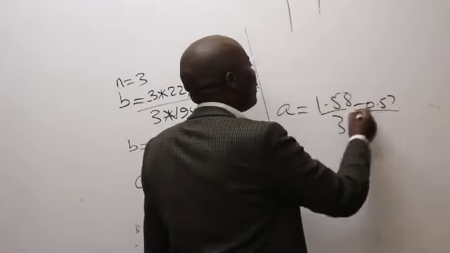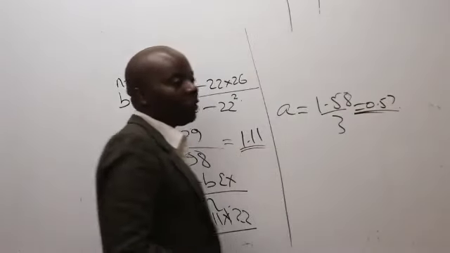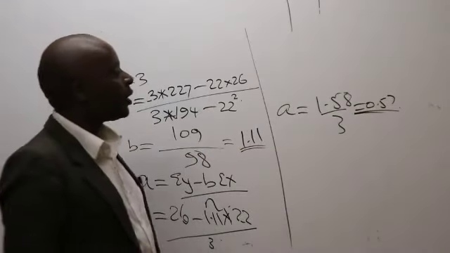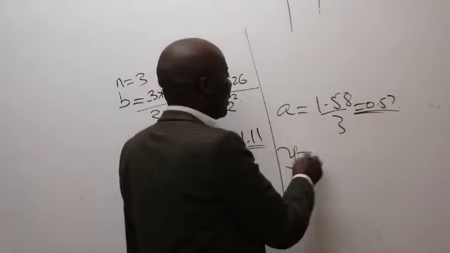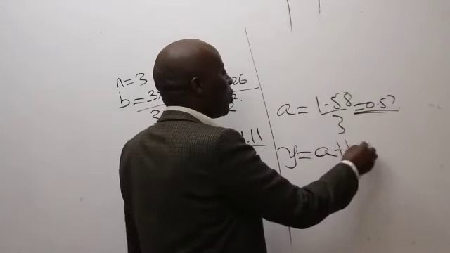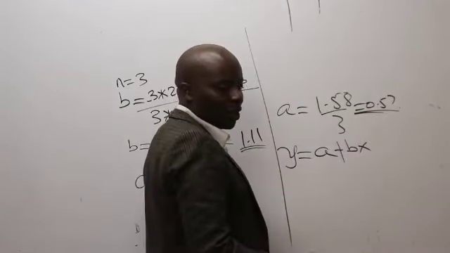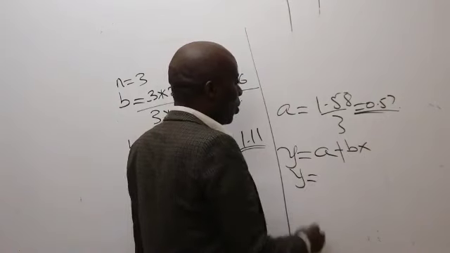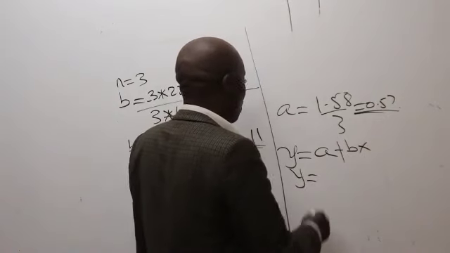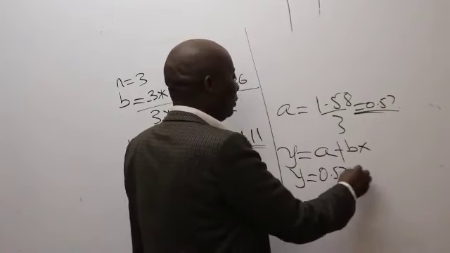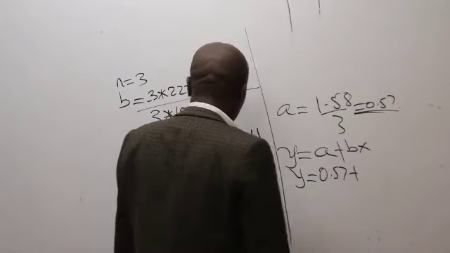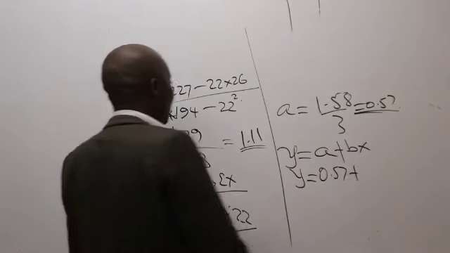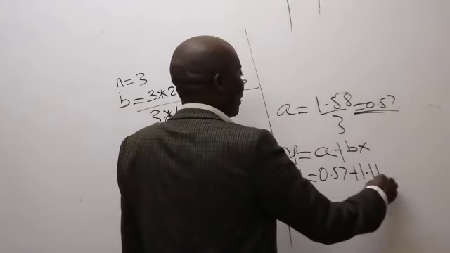Once I have the values of A and B, don't forget the free mark. Ladies and gentlemen, you're supposed to give us here our equation, which is y equals A plus bx. So our y will be equal to A, that is 0.57, plus B, which is 1.11, x.